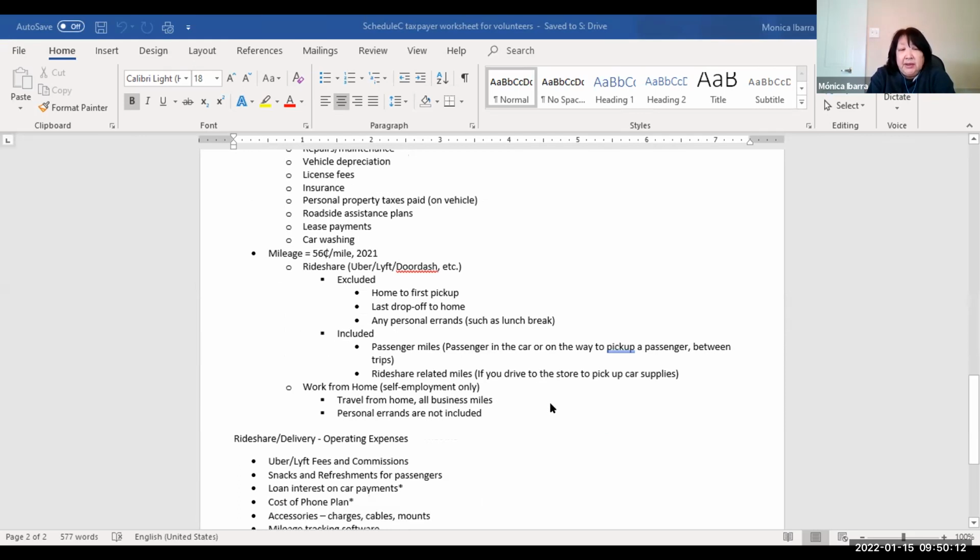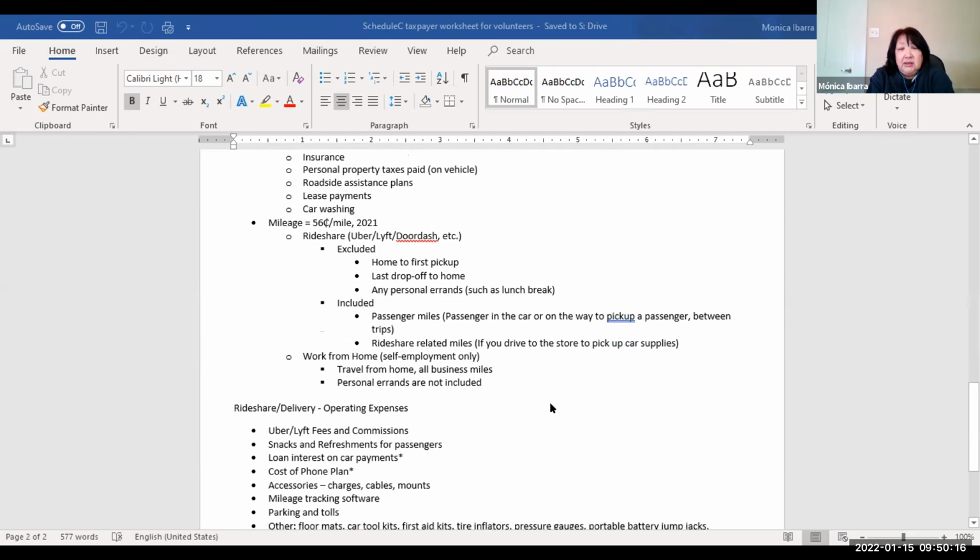So it is very important that you understand what is included in mileage. It is different for work from home than rideshare. And by work from home, I'm talking about you have your own business that is located at home, not you work for somebody else from home. So for rideshare, what is excluded is you drive from your house to the first pickup.